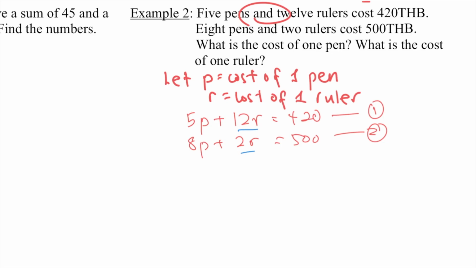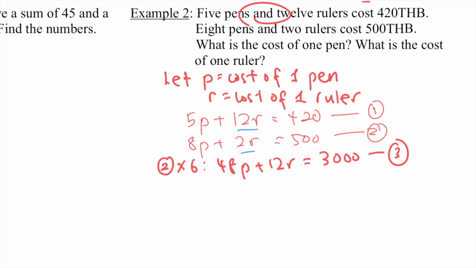I will transform equation 2. I'm going to multiply it by 6 so that I get 12R in the second equation. So 8 times 6 will be 48. 48P plus 12R is equal to 3000. So I'm going to call this equation 3.